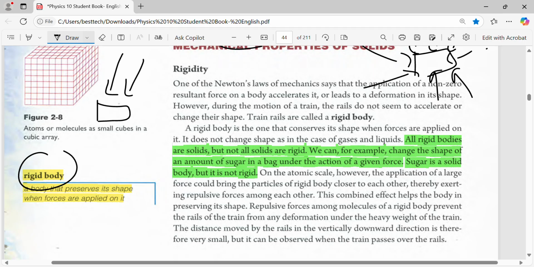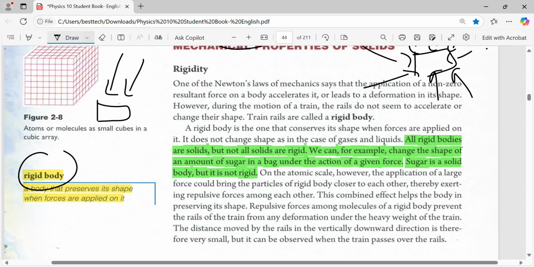When you apply the force, if this body has the ability to preserve or protect its shape even after it goes under the pressure, under the force, then this is called a rigid body. Otherwise, no, it's not a rigid body.